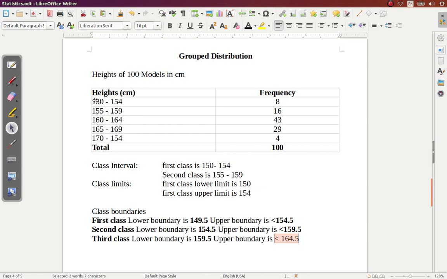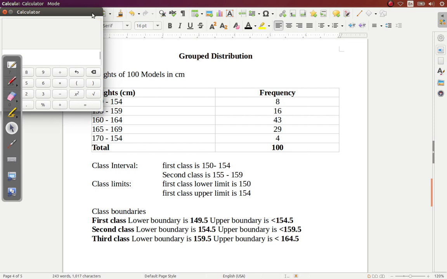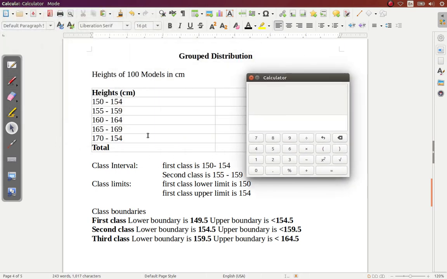So you see that these are the upper boundary and the lower boundary. Also notice something. Suppose you take the upper limit of the first class, 154, add it to the lower limit of the second class, 155, and divide that by 2, and you get 154.5.